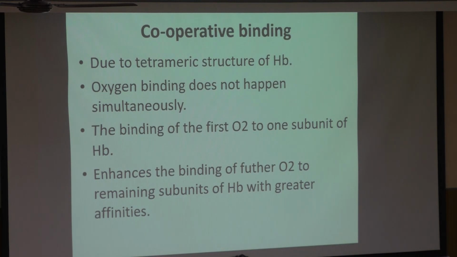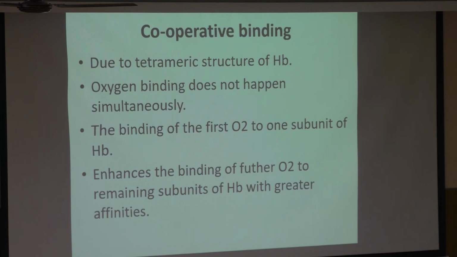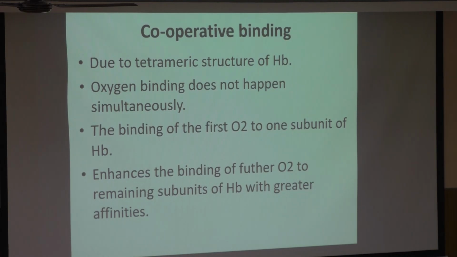Now hemoglobin has 4 units: alpha 1, alpha 2, beta 1, beta 2. Each will have one heme, and each hemoglobin will bind 4 oxygen molecules. Now why is it called cooperative binding? First, one oxygen molecule will come and bind to any one subunit's heme.